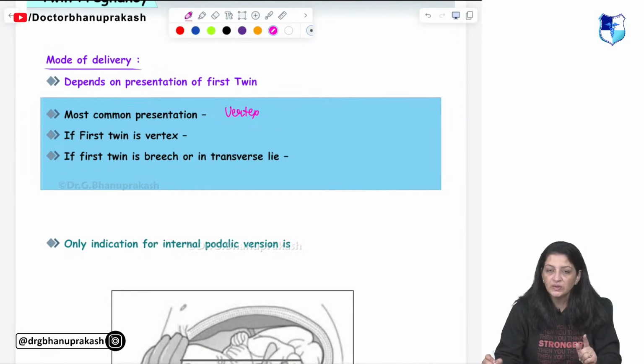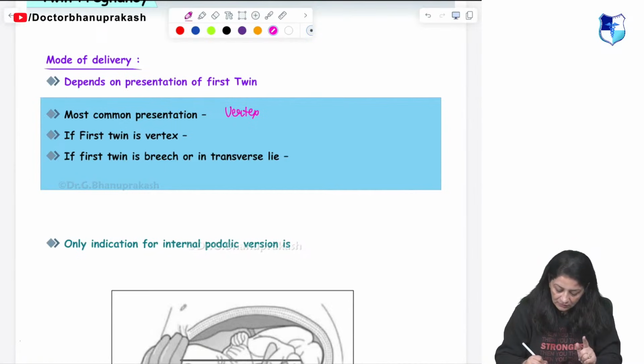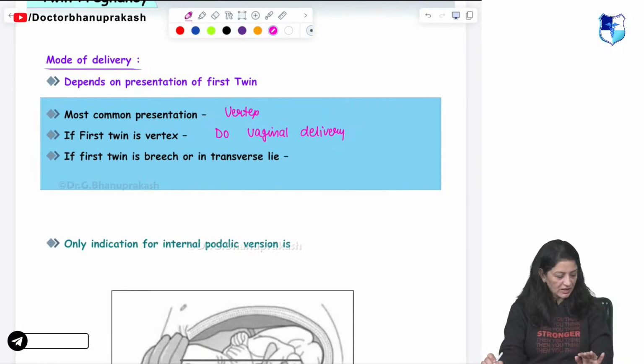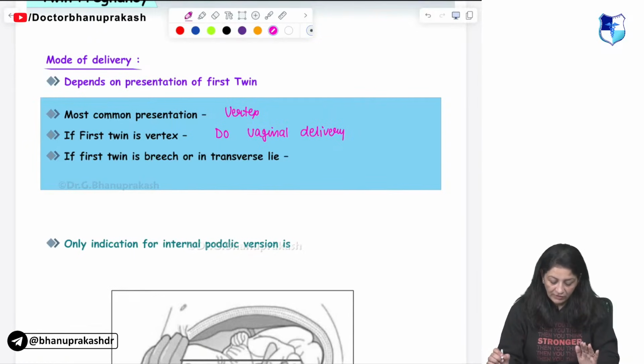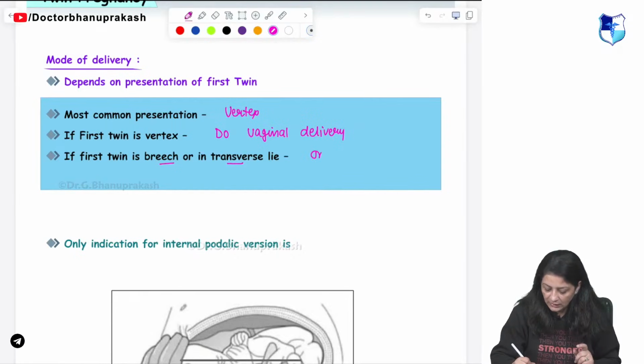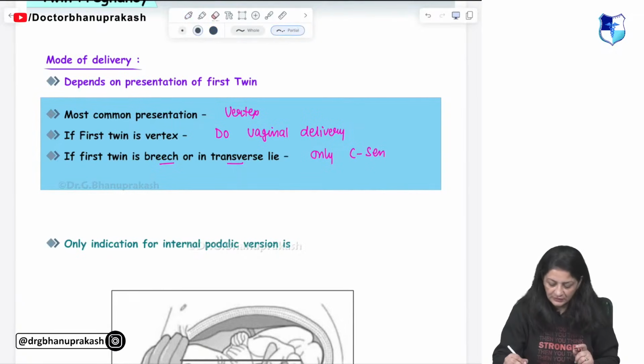If the first twin is vertex, then we can do vaginal delivery. Always vaginal delivery. If the first twin is breech or transverse, then only C-section. Only C-section.